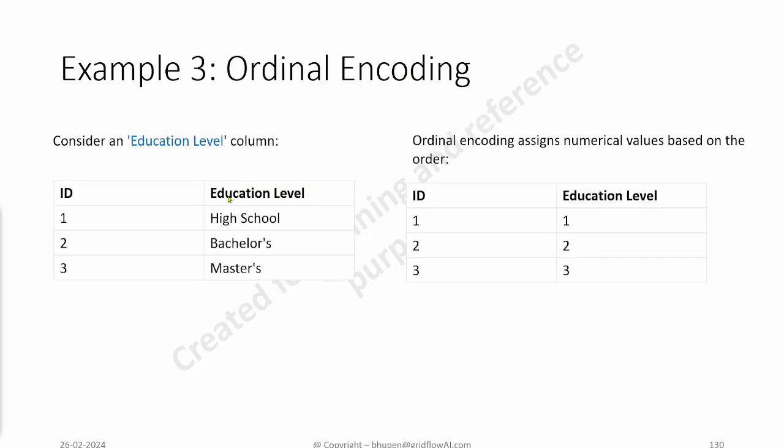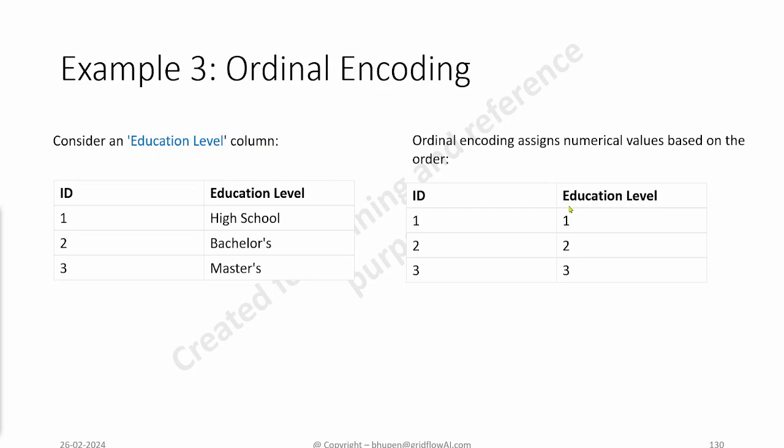Ordinal encoding is where the column exhibits some kind of pattern like high, medium, low, and then you can make use of the order and convert it to, let's say, high school to 1, bachelor's to 2, and master's to 3. So this is increasing order.